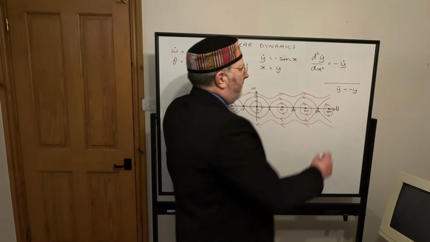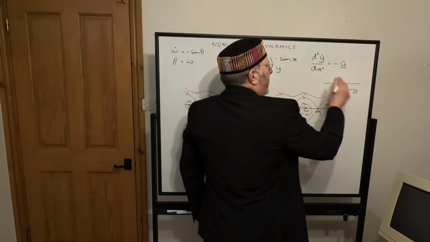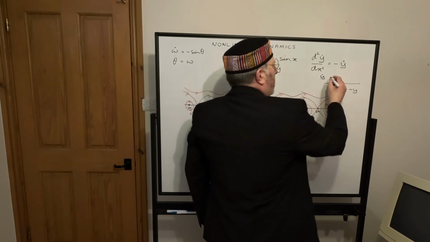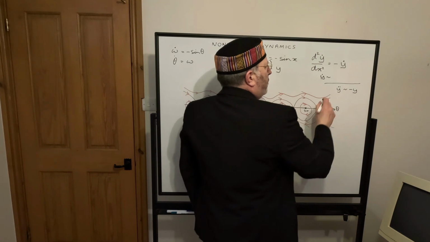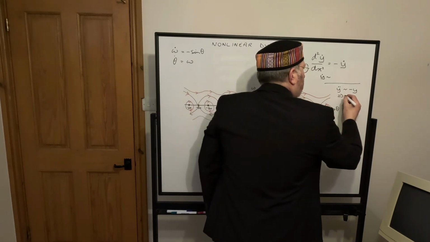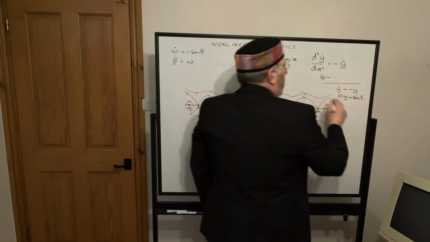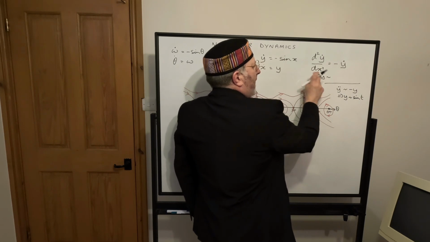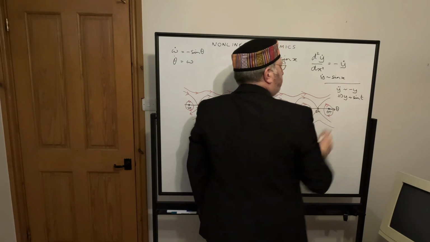So in this case, because we're differentiating y dot with respect to x twice, y dot is going to be proportional to the sine of x.